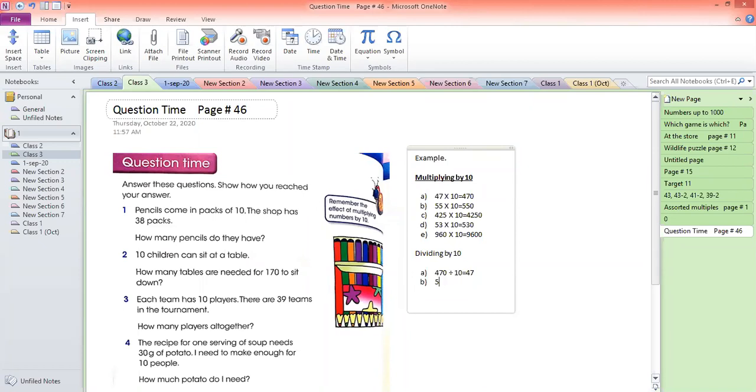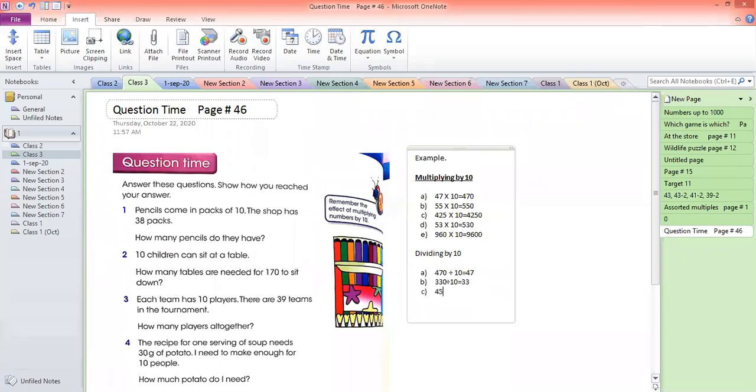Okay, I give you one more example. Let's suppose you are dividing 330 by 10. So the number is 330. Write this number without 0 and that will be your answer. So 330 without this 0 will be 33, because this 0 will cancel that 0.